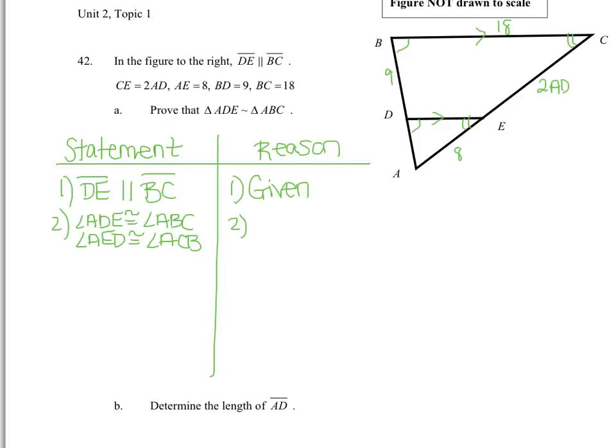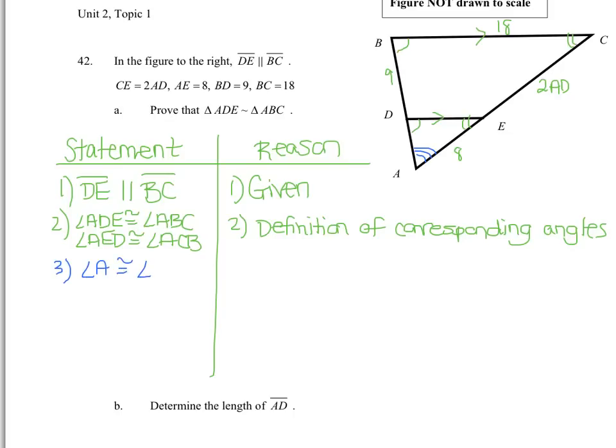And the reason for that is the definition of corresponding angles. Some of you might have used the reflexive property, so I'm going to put in an optional third step of angle A is congruent to angle A, and the reason being the reflexive property.